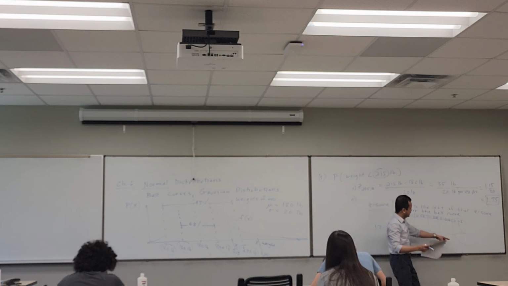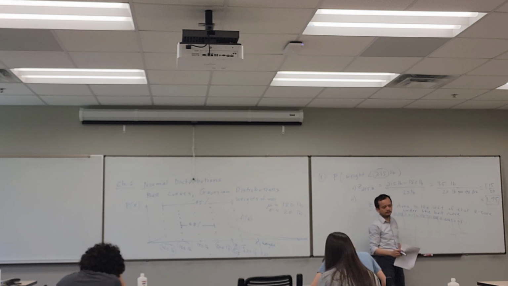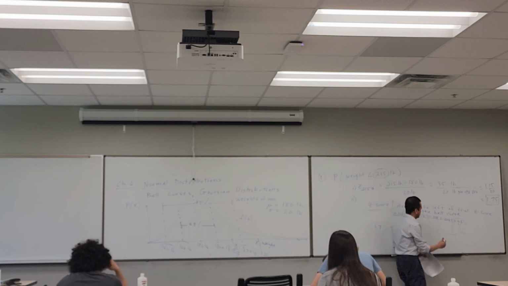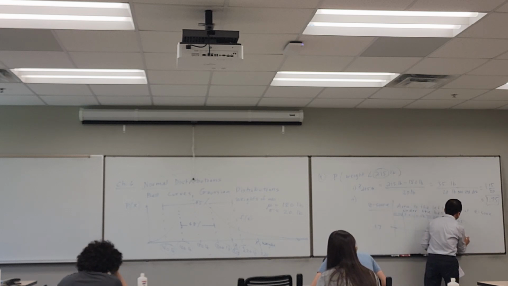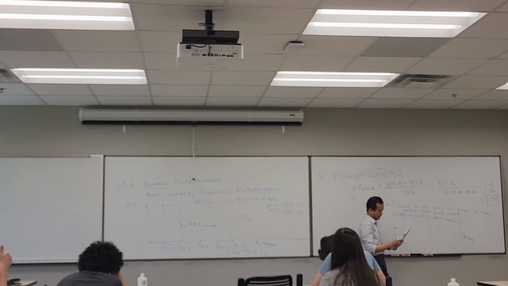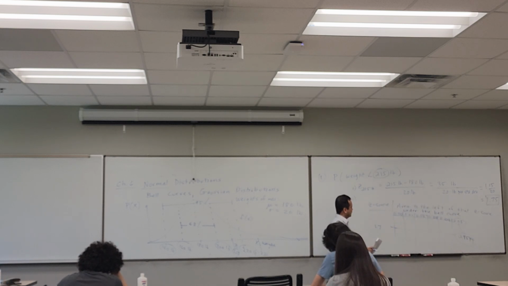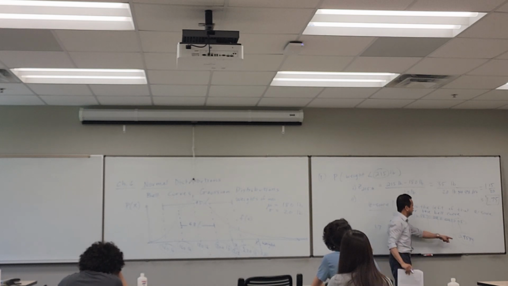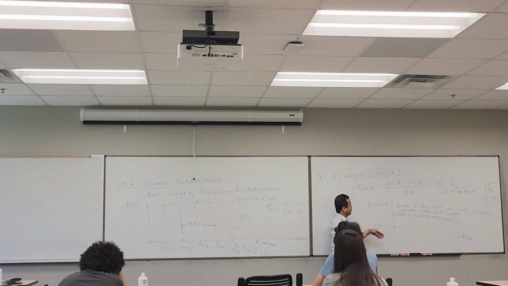So what number do you see? 0.9599. Okay, everybody else getting that? Okay, good. So that's what this number represents, which is the area to the left of that z-score under the bell curve.